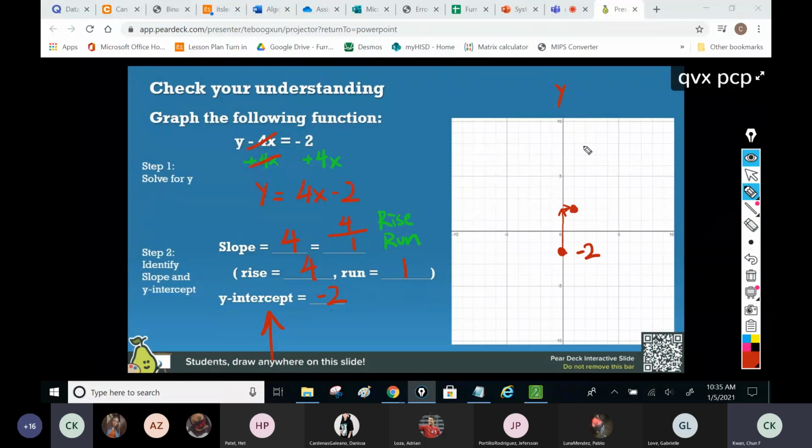And then I'm going to do the same thing over and over again. So 4 units up, and then 1 unit over. And then do it again, 4 units up, and then 1 unit across. And then after that, connect the dots.